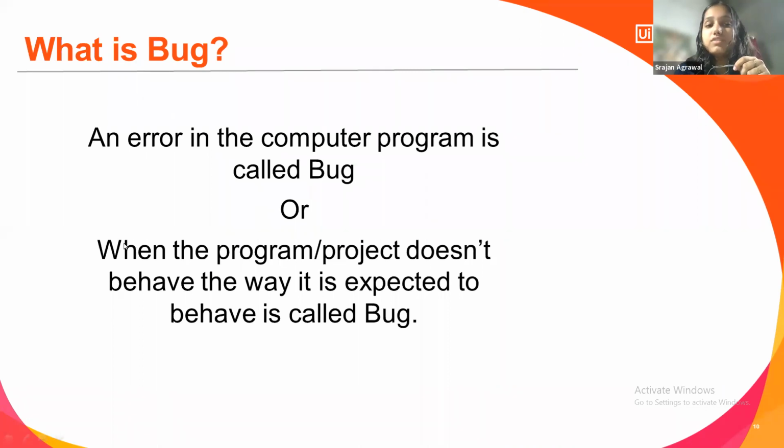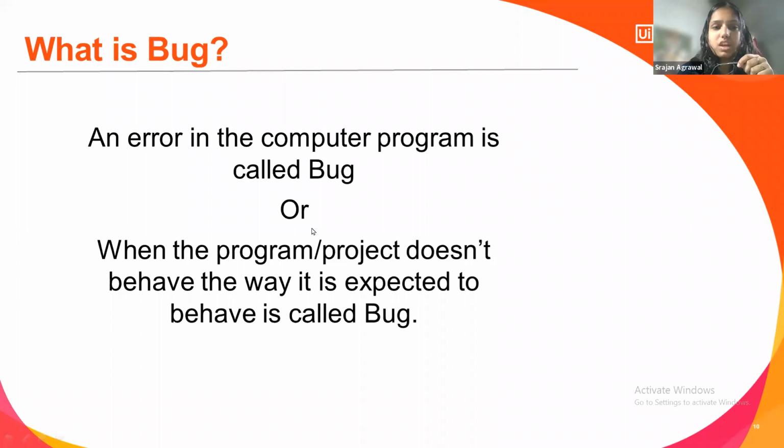There's another definition: when the program or the project doesn't behave the way it is expected to behave. You have made the program for PDF automation and it is not behaving the way you want. So there is something in the program which is called a bug. There is some bug in your program, right?